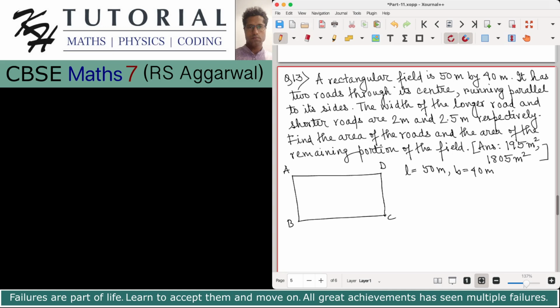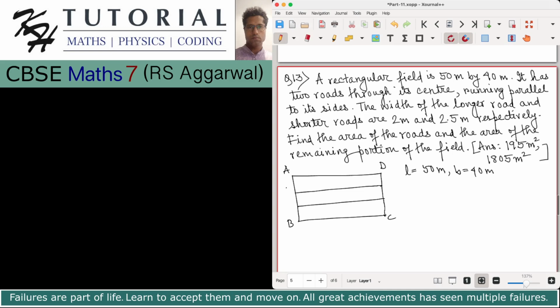So let's draw this. Let ABCD be the rectangular field. The length of the field is given to be 50 meter and the breadth is given to be 40 meter. It has two roads through its center running parallel to its sides. The width of the longer road means the road which is running parallel to the length. So let this be the road running parallel to the length and running through the center of the field.